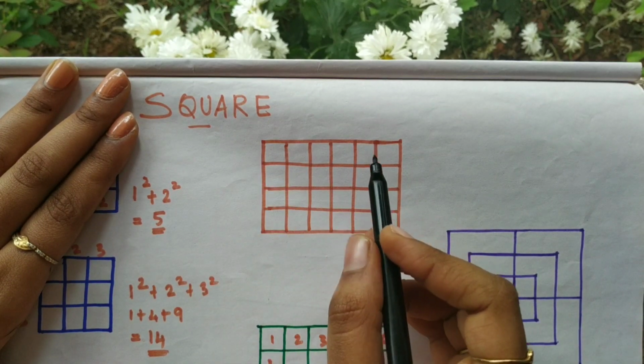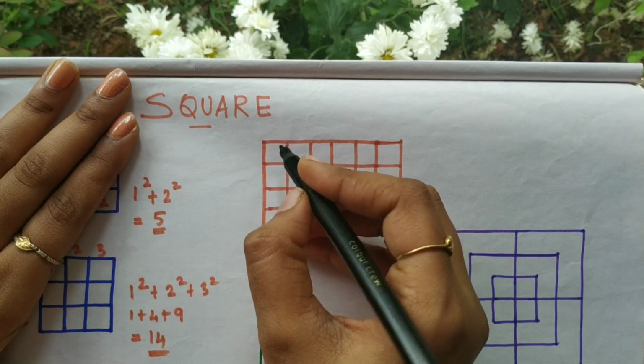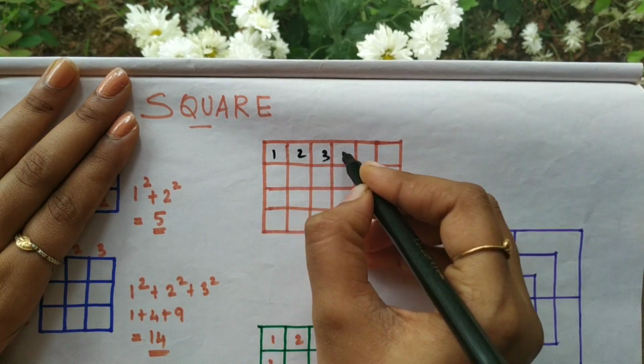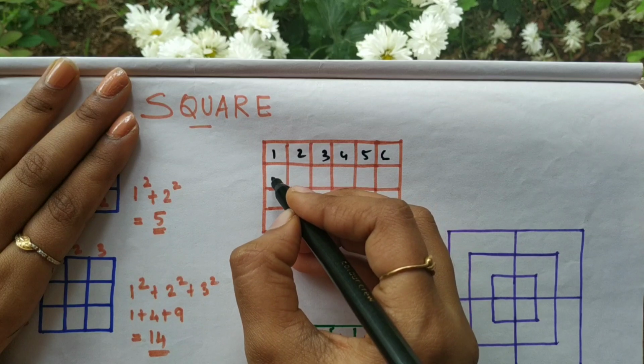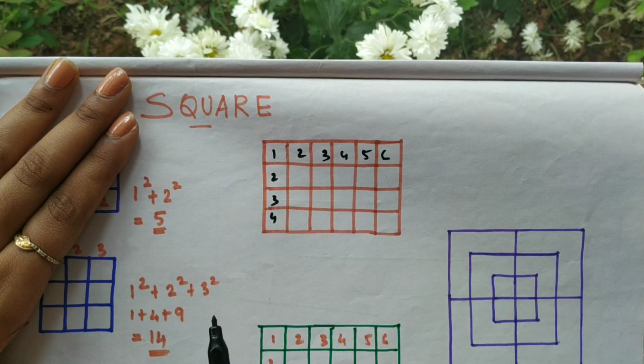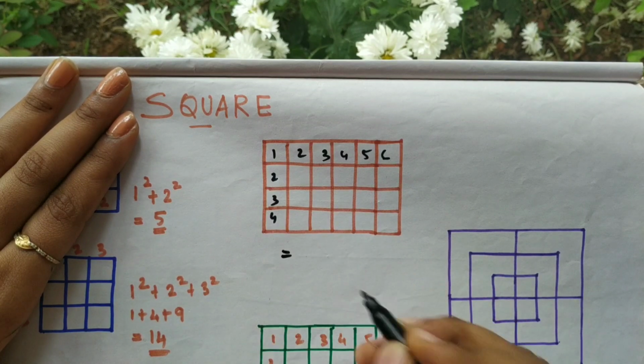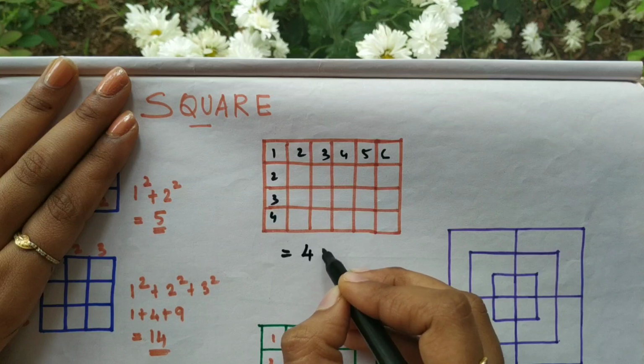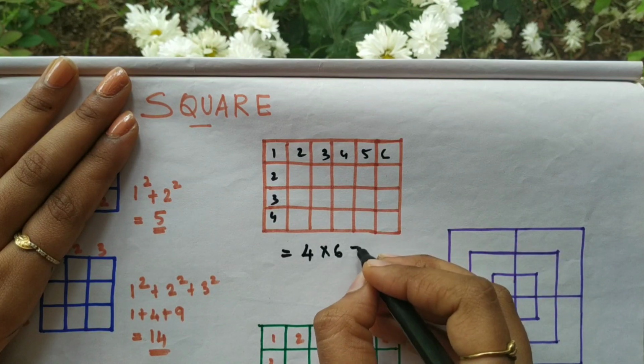Let's move on to the next type. Here we could see 1, 2, 3, 4, 5, 6 and 1, 2, 3, 4. So we have different rows and different columns. What we have to do is 4 into 6.